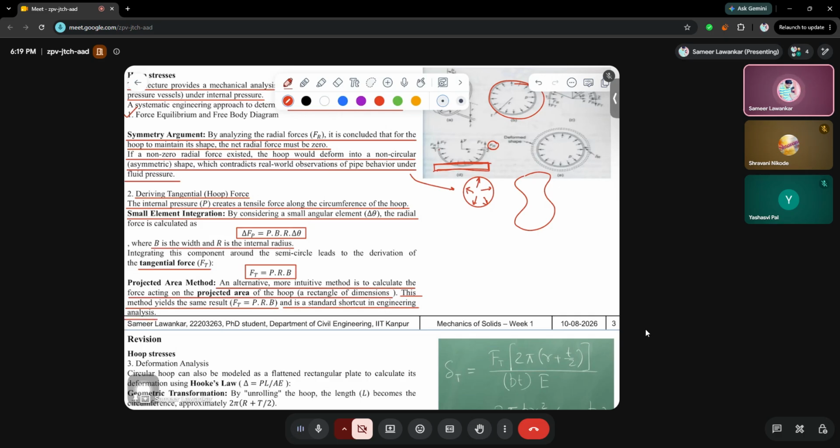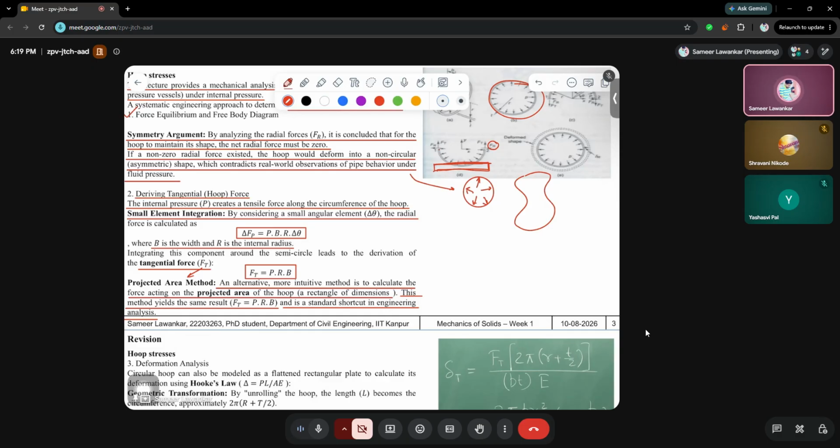One reason for inculcating the projected area method is that there are several analogies which can be created in the future or in subsequent subjects in which the projected area method can be used. Here it was used to calculate force; in another way it can be used to calculate flux in some electrical engineering concept and so on.